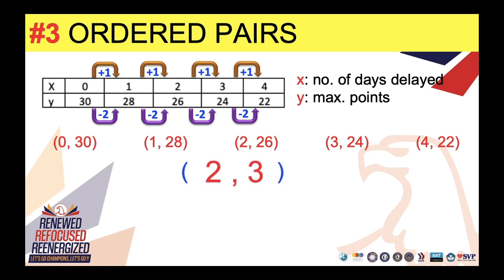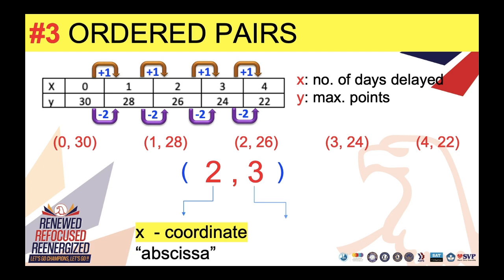Now, in an ordered pair, the first value is the x coordinate, or we call it the abscissa. Take down notes, please. Remember this one because I will be using the term abscissa as well. So the x coordinate or the abscissa, and the second number is the y coordinate or the ordinate. Okay, so this is what we call an ordered pair.